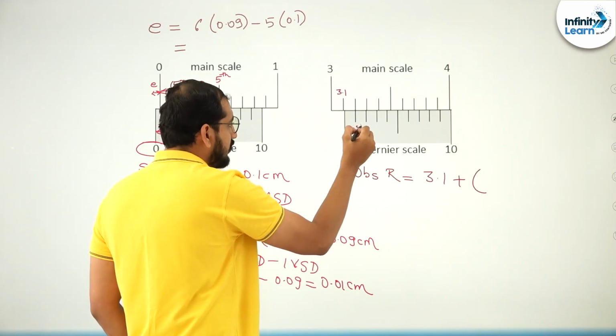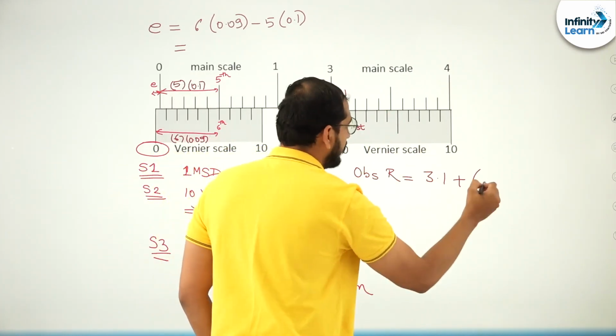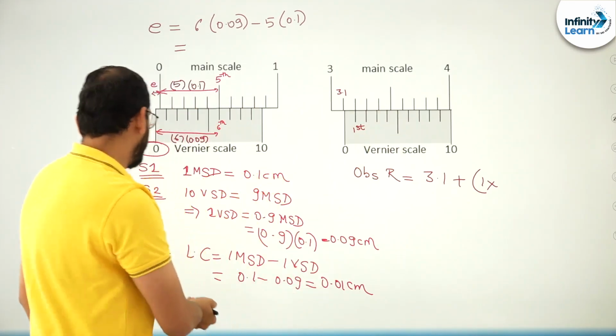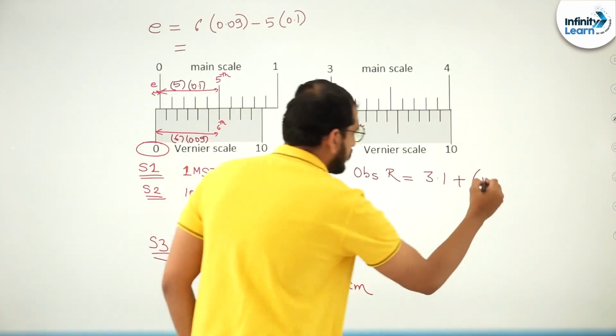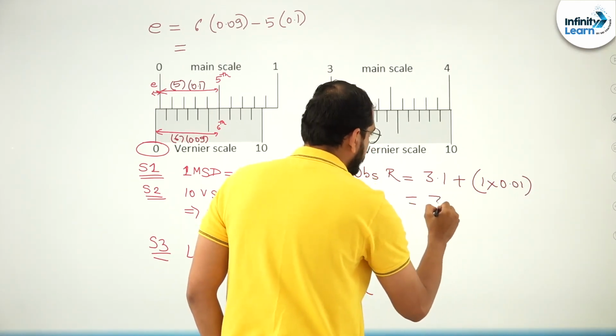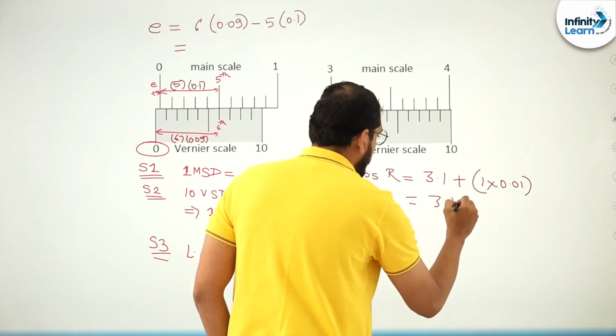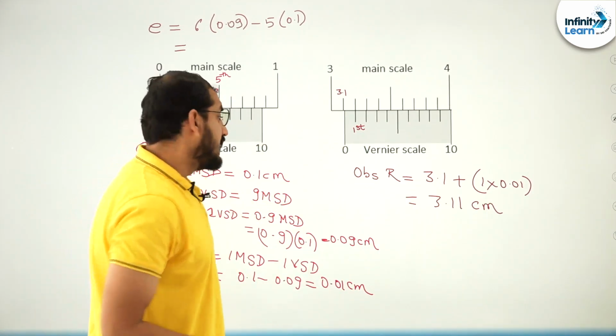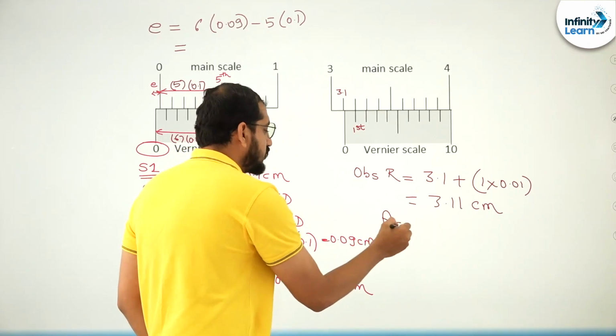The first division of the vernier scale is coinciding, so 1 multiplied by the least count of this device, which is 0.01. This gives us 3.11 centimeter. This is the observed reading that I'm getting. Now I want to calculate the actual reading.